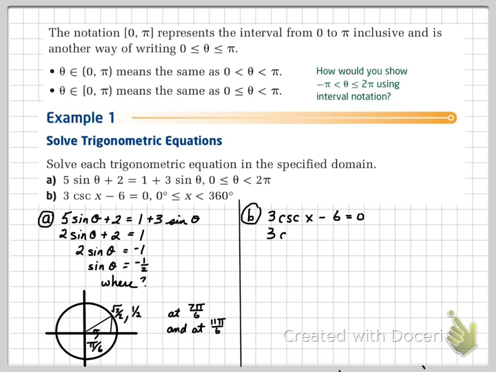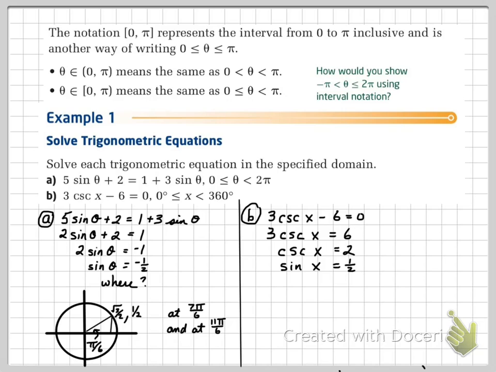So here we go. First of all, add 6 to both sides. Divide both sides by 3, and the cosecant of x is equal to 2. If I take the reciprocal of both sides, I will find that 1 over cosecant, which is sine of x, will equal 1 over 2.